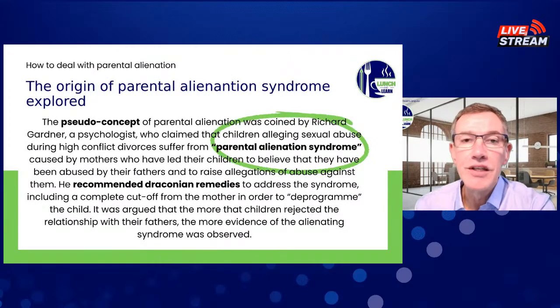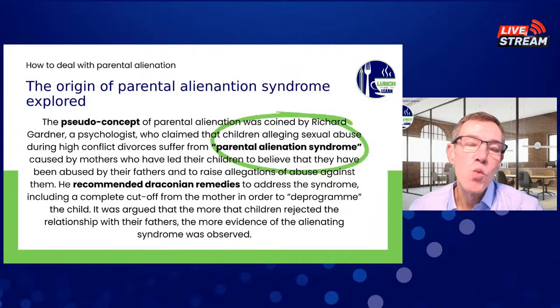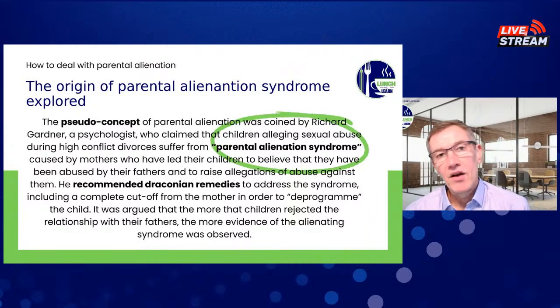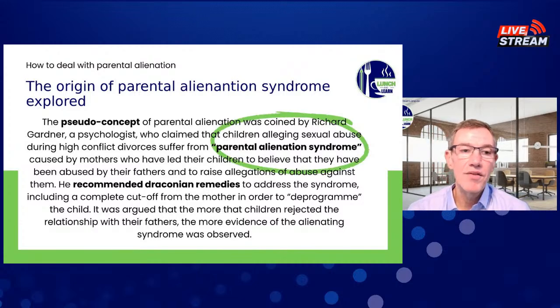So without further ado, I think what is important to start off with is to establish where the term parental alienation originated from. The pseudo concept of parental alienation was coined by a child psychiatrist called Dr. Richard Gardner.